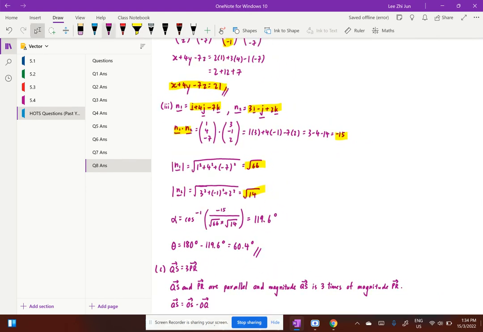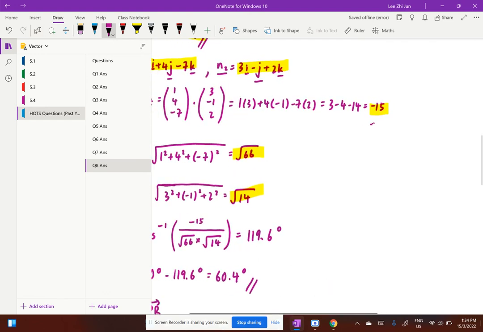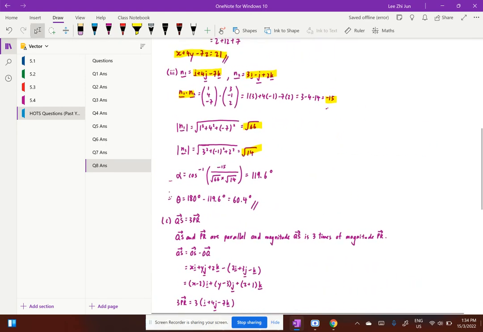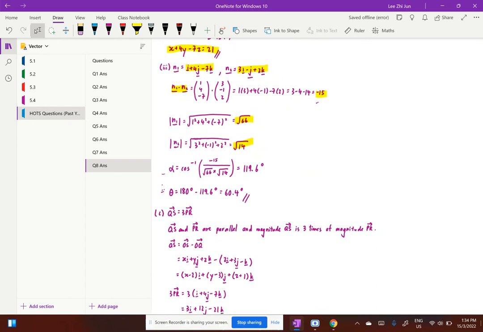Because when you see I get the dot product is negative, I need to let it as alpha, cannot let it as the theta. Here is the 180.